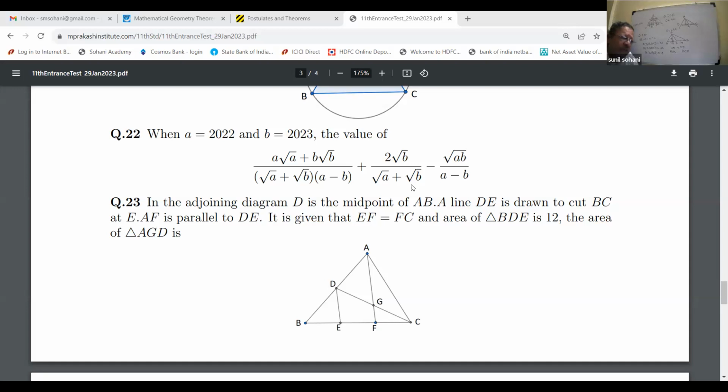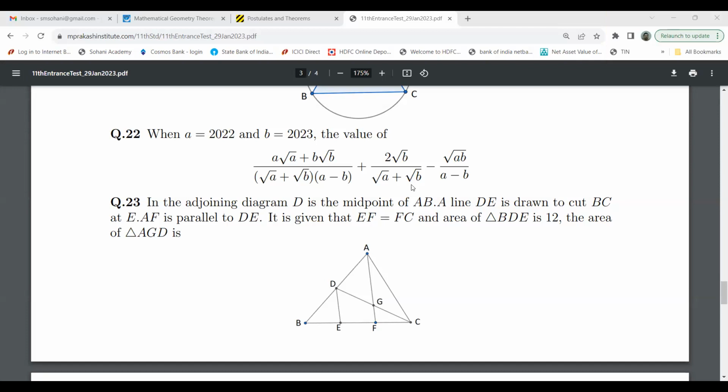So we can always finish 10 plus 1, 11 questions easily. Is anybody still writing? And by the way, question 22 is very easy.